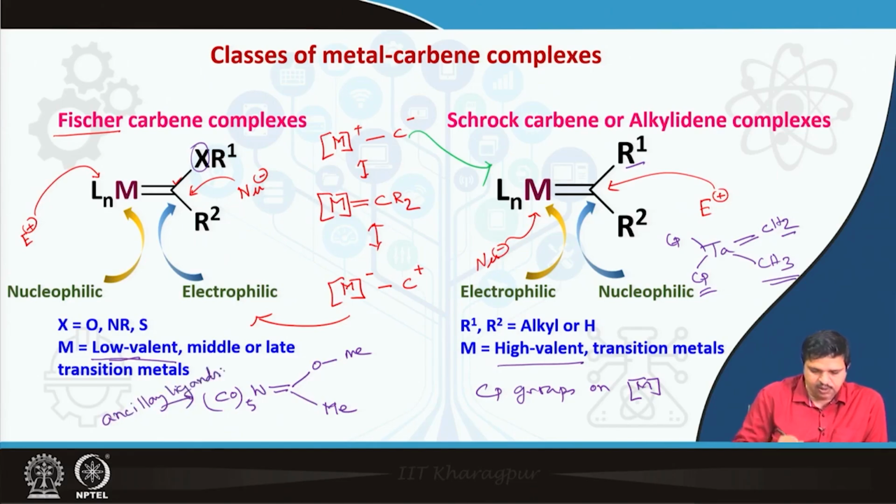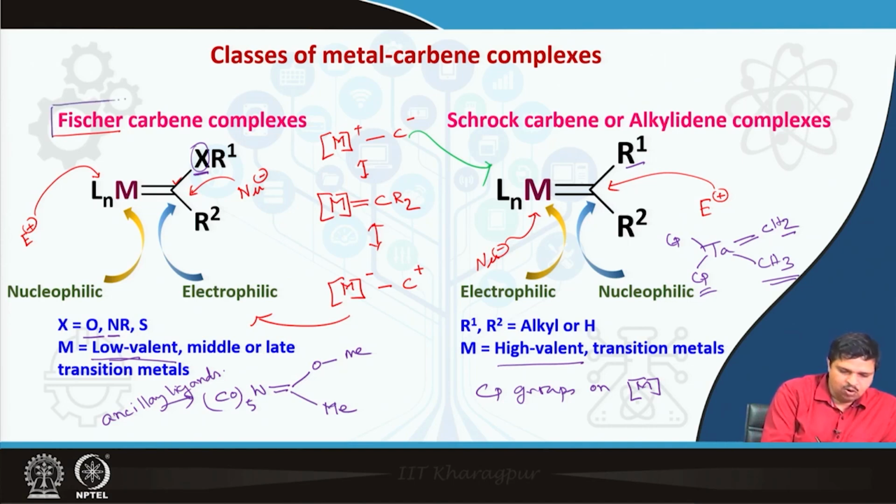To stabilize the low valency of the metal centers, we need good pi acceptor ligands. I will discuss after some time why the O group or amide is important: it acts as a pi donor on the Fischer carbene. So these are the basic structures of the Fischer and Schrock carbene.